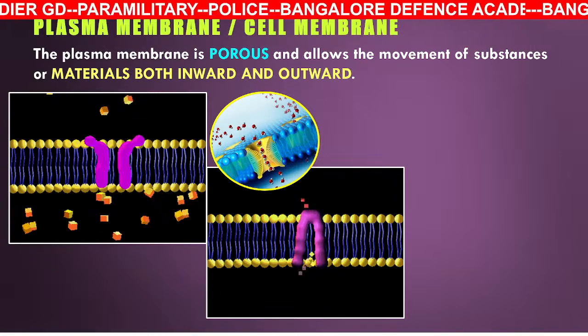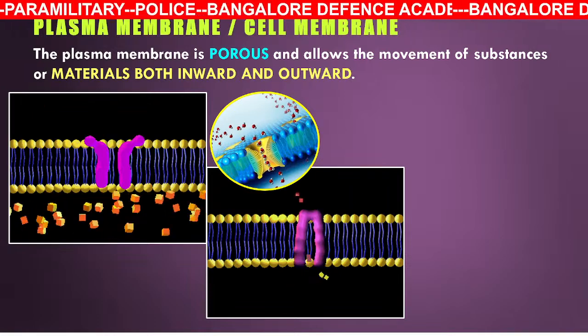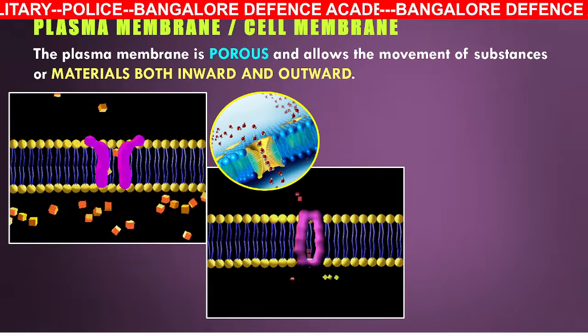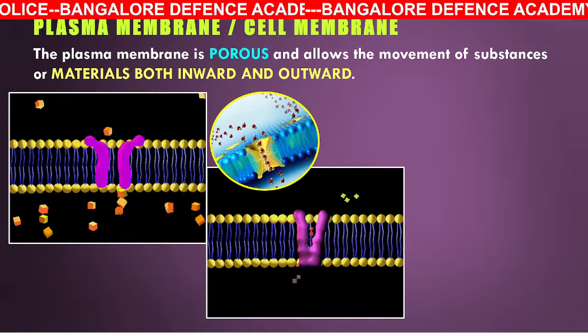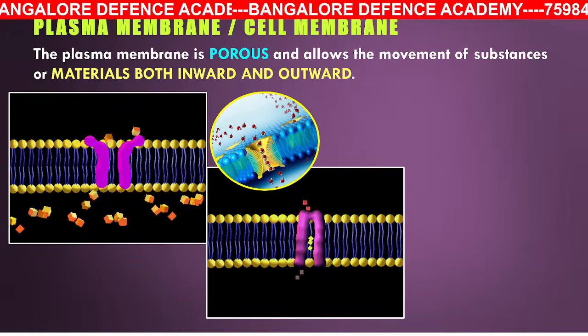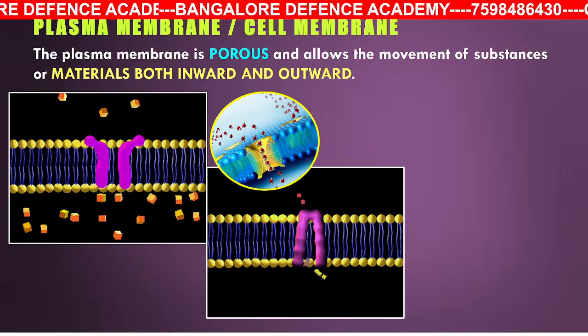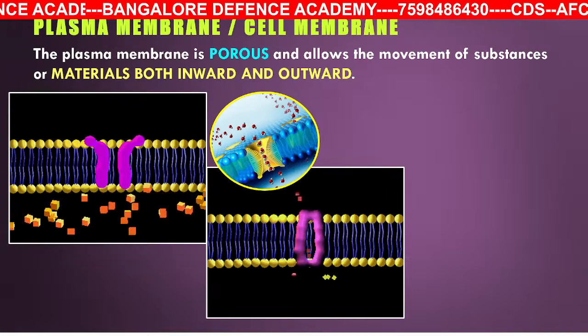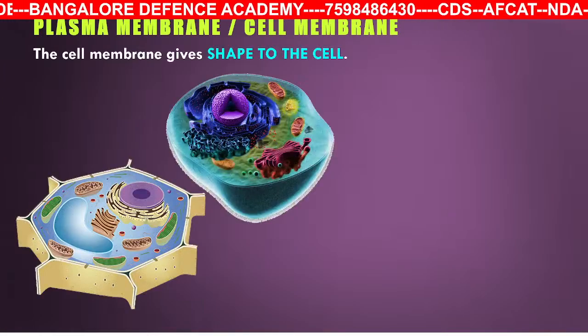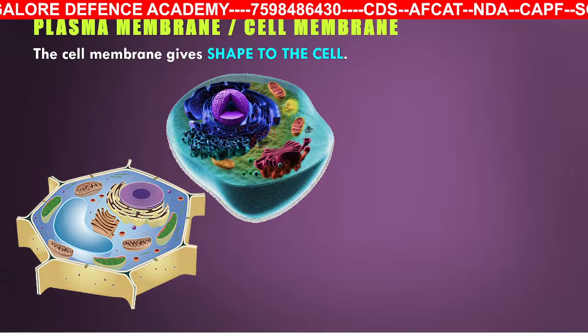This is the layer. So this is nothing but food particles. These food particles go from inside to outside and outside to inside. So this is porous. It is not completely impermeable. Got it? Yes. The cell membrane gives shape to the cell. Okay, this is responsible for the shape of the cell.